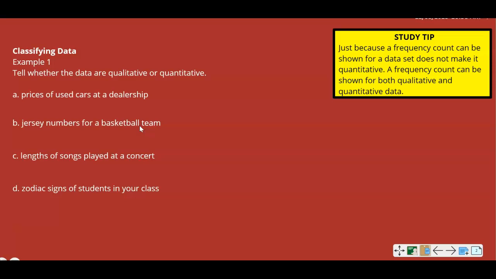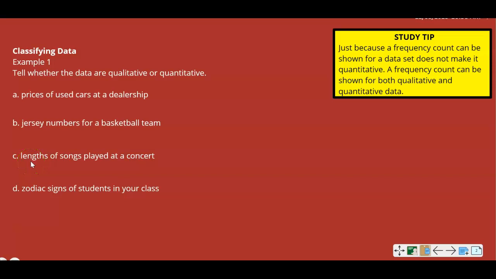So it doesn't make sense to compare them. And a lot of times, kids get to pick their jersey number. So that's not going to be something you're going to use to get an average or anything like that. So in this case, the data is qualitative. Again, we're not looking to compare the numbers.